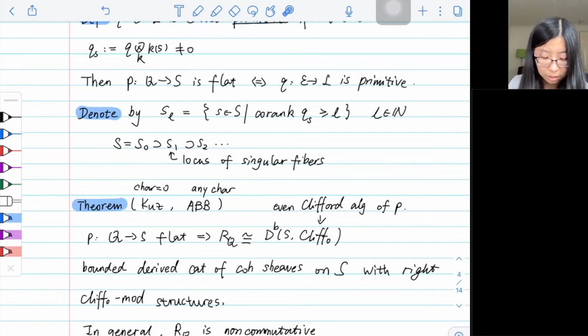You want this derived category to consist of coherent sheaves with right modules over some algebra, Cliff_0. And this is, again, the even Clifford algebra for this family. And you can also just define it in a similar way.